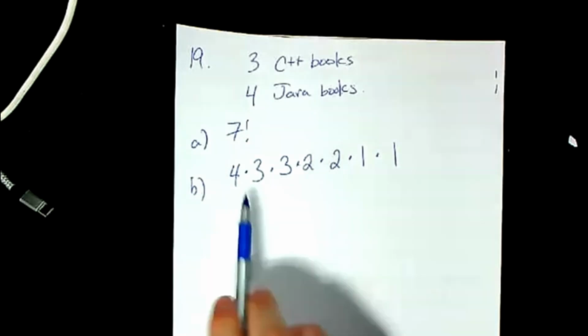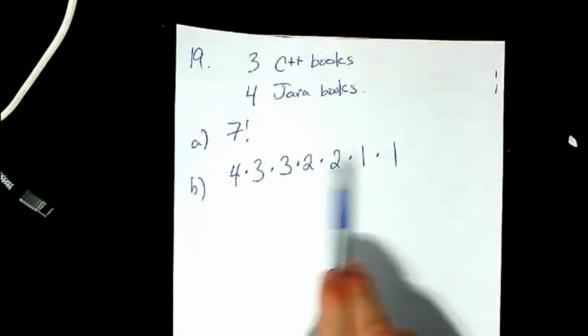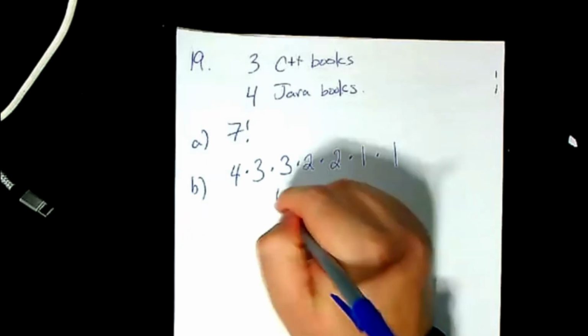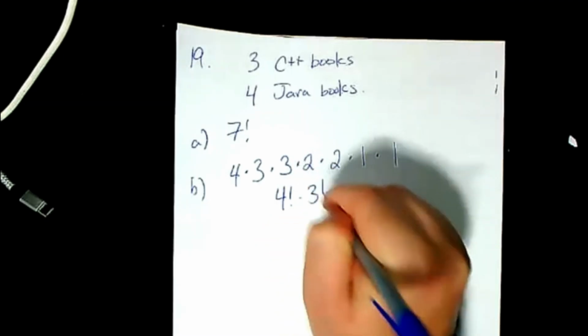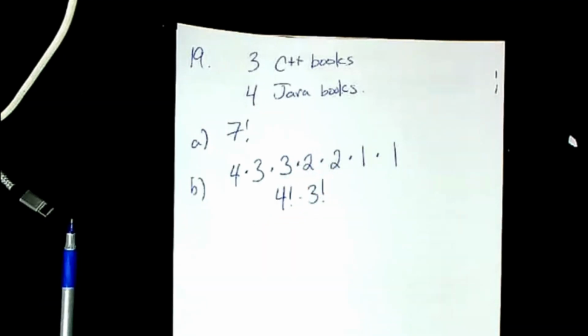Okay, and so what's the answer? We got 4, 3, 2, 1, and we got 3, 2, 1. So we got 4 factorial times 3 factorial. Really what you're doing there is you're saying, take the Java books, permute them in any way you want. Take the C++ books, permute them in any way you want. And then in that order you've chosen, take the first C++ book, stick it between the first and second Java books.